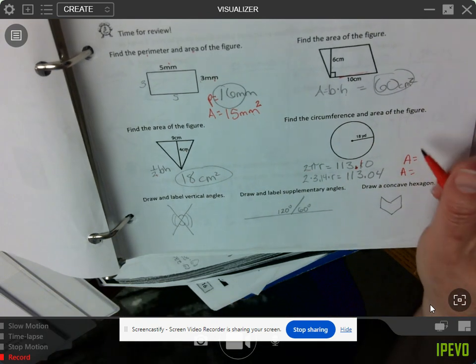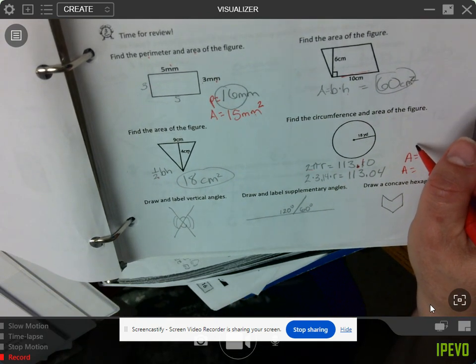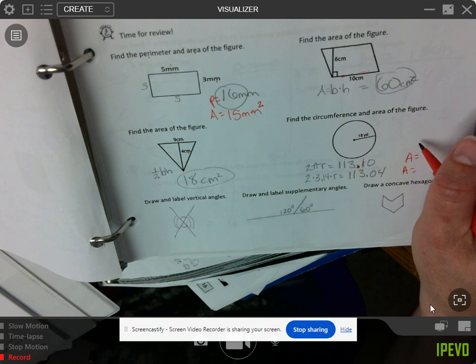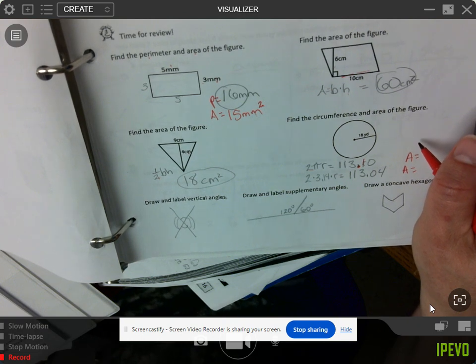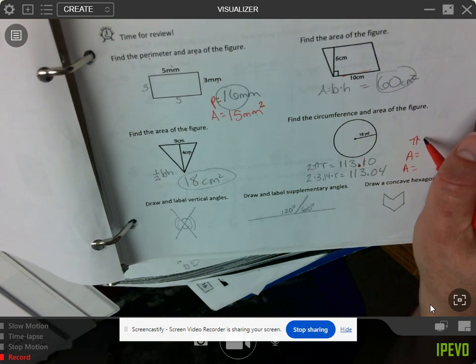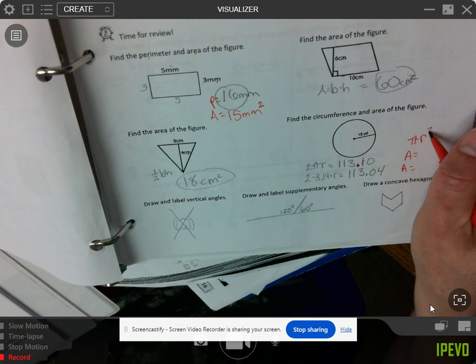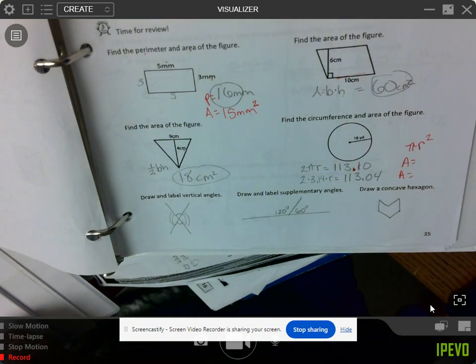What is the area formula for a circle? Who can remind me? Come on. Pi times not just a number, it has to be the radius squared. So if you're given the diameter, remember we need to find half of it because we need it to be the radius.